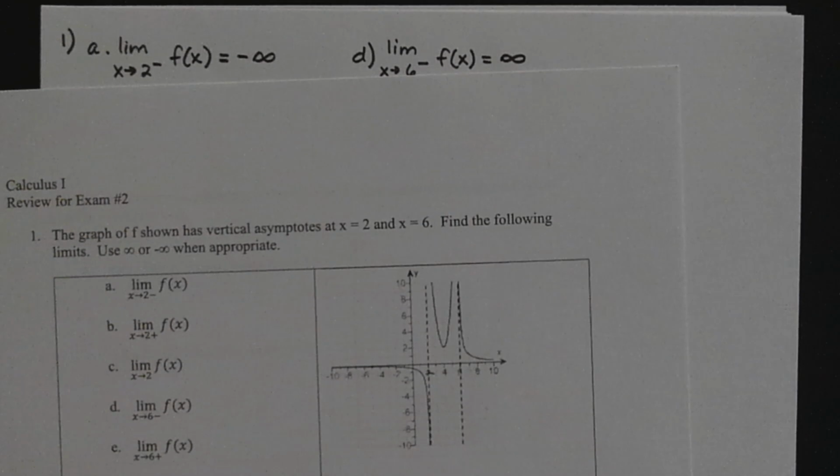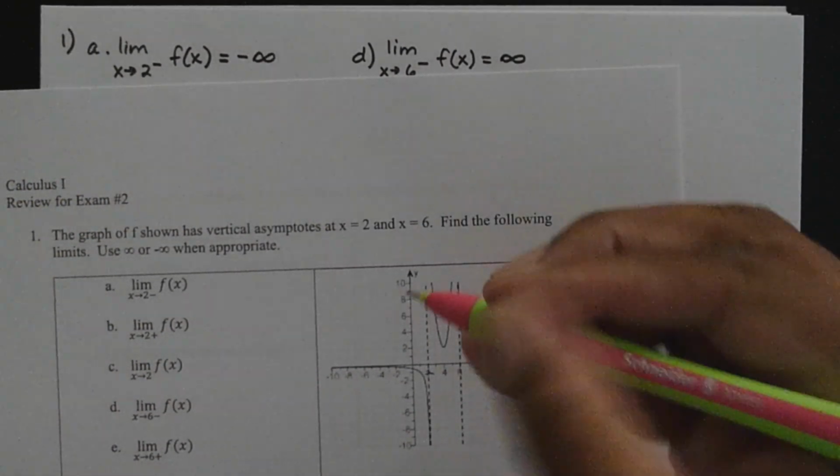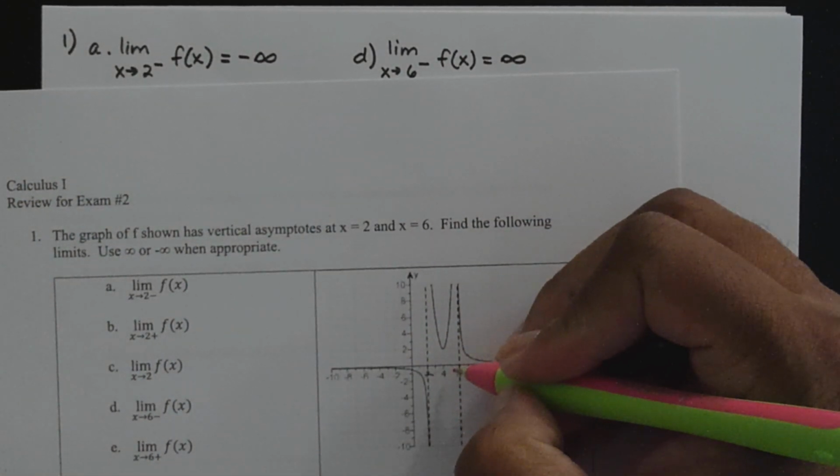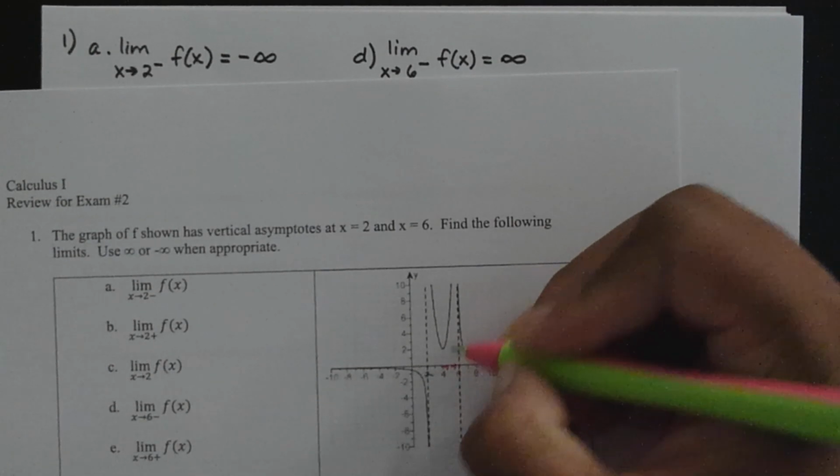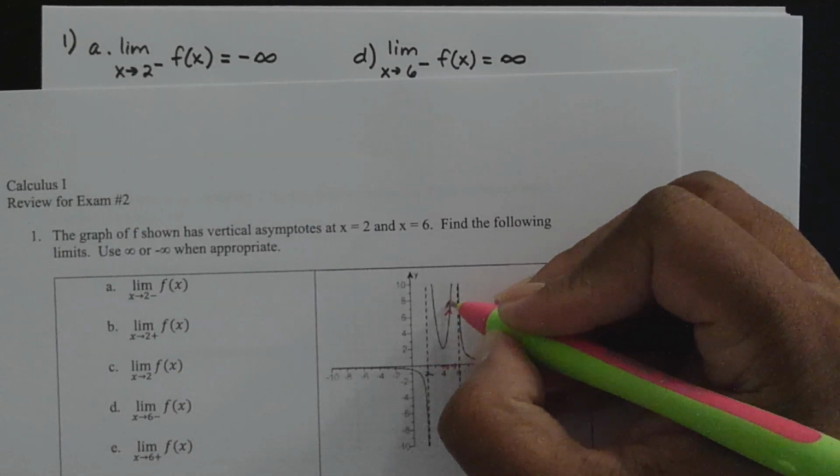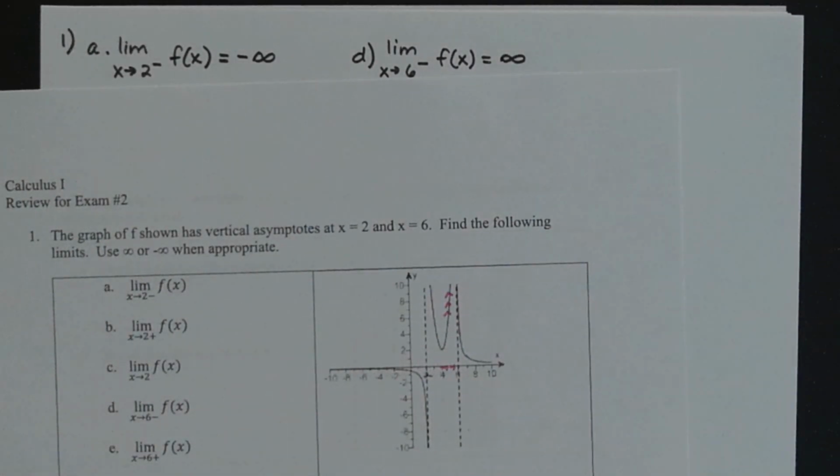And sometimes it helps to know that if we come in from the left of 6 right here, look where it's going. Positive infinity.